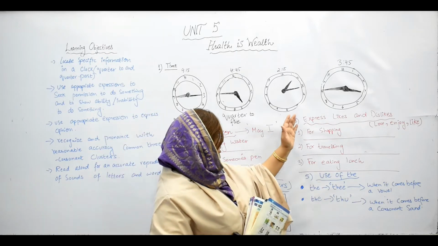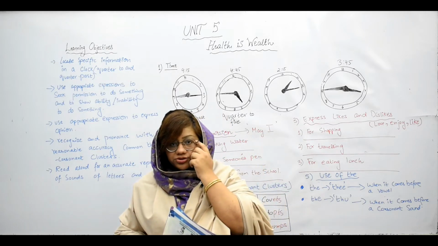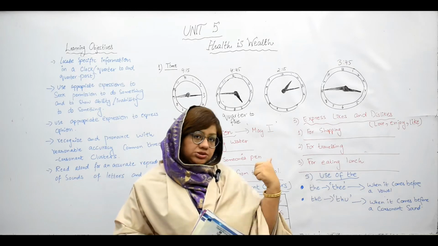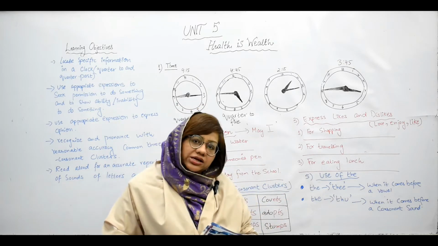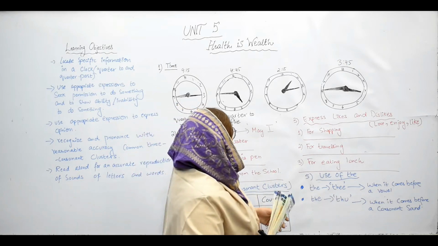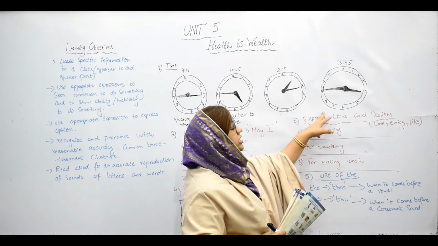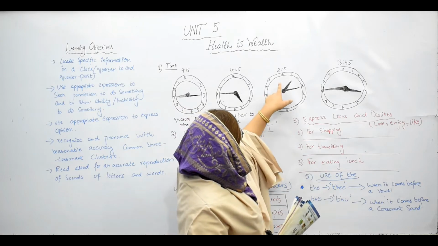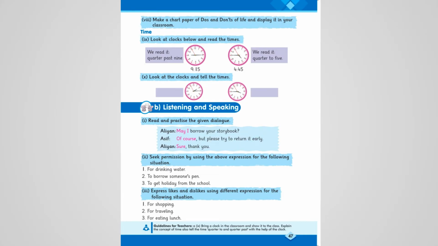Now there are another two clocks that I already drew on the board. What you need to do is just have a look at this clock and then let's try. I am helping you in reading these two clocks. You can see that the time is 2:15. We have already discussed this concept.